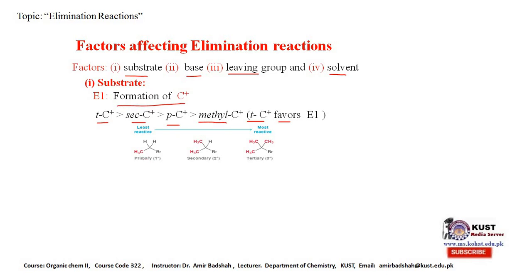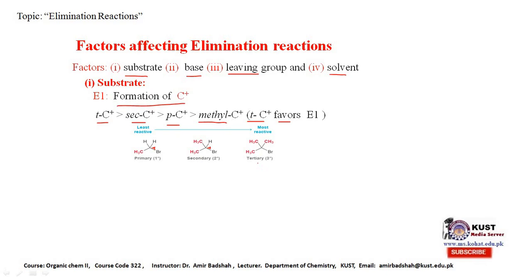This results in a primary carbocation, because when bromine leaves, the positive charge will be here on this carbon, so it will be a primary carbocation. Similarly, when bromine leaves this carbon, the positive charge will be here on it, and it will result in a secondary carbocation. If bromine leaves from here, then it will result in a positive charge on this carbon, and that species is called a tertiary carbocation.